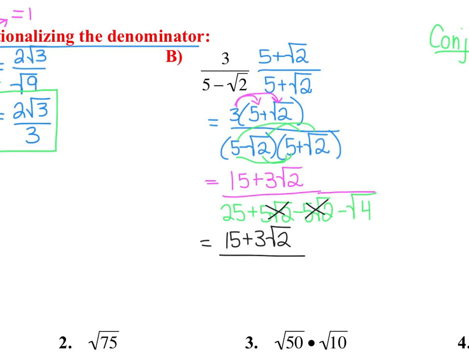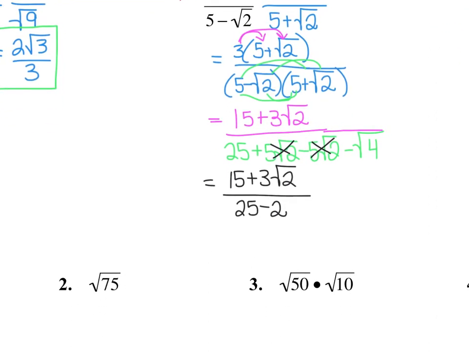And so then what I'm going to have is 25 minus the square root of 4, which is 2. So I could keep going with that. I could clean that denominator up, and my final answer is going to be 15 plus 3 root 2 over 25 minus 2, which is 23.